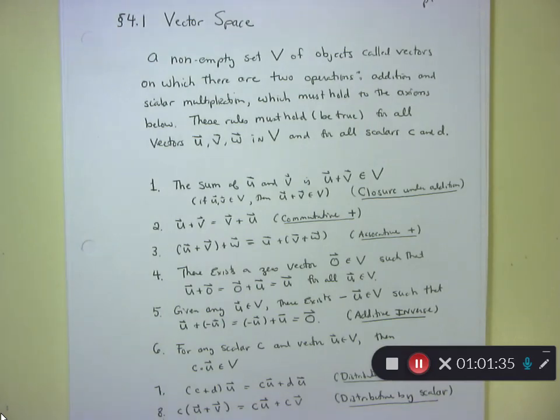Now, we've already talked about spaces before. We talked about the definition of a space, or more likely a subspace. And we talked about how to create a subspace, which is basically the linear combinations of all the vectors within what we call a basis.